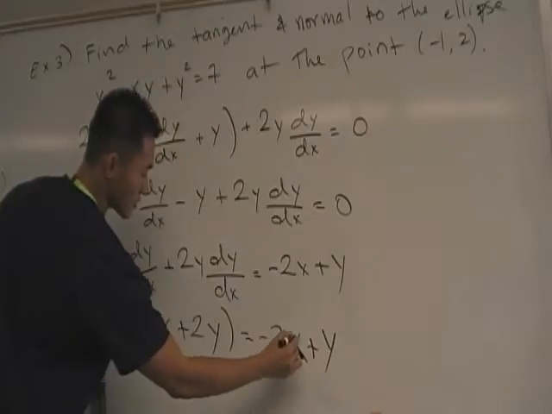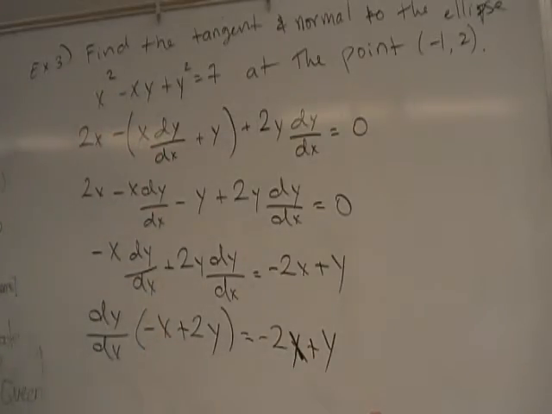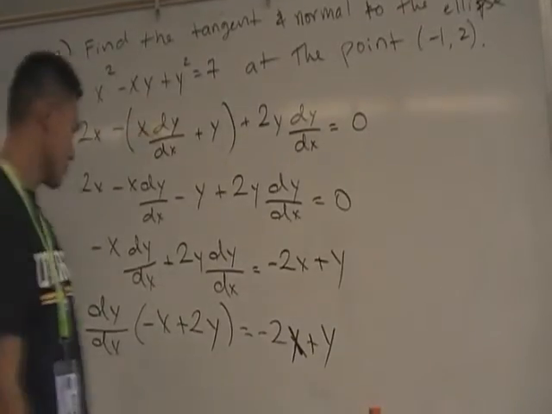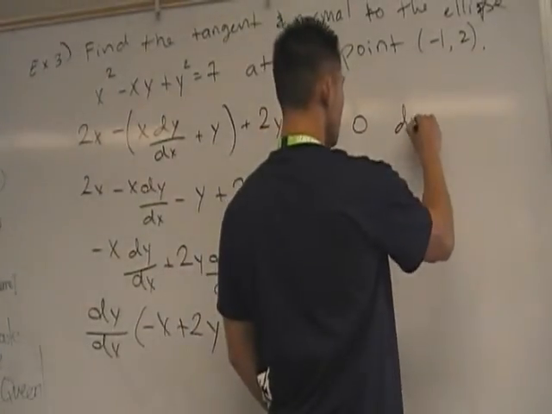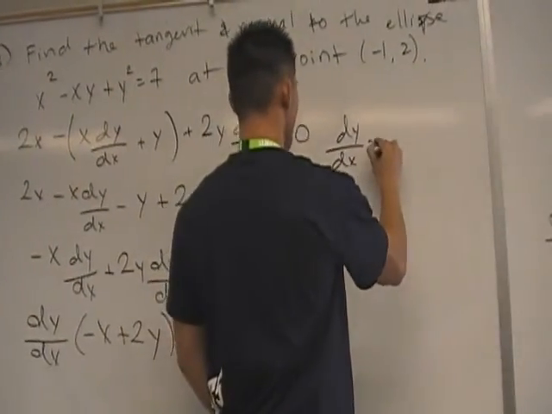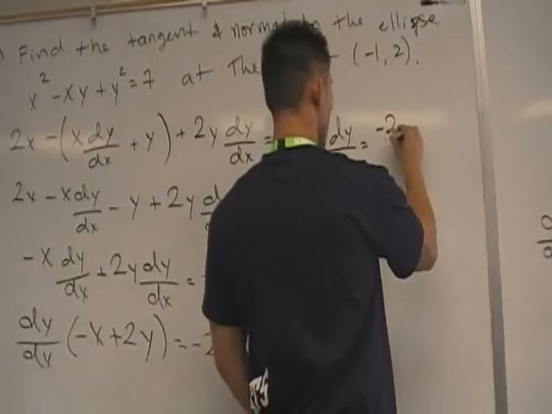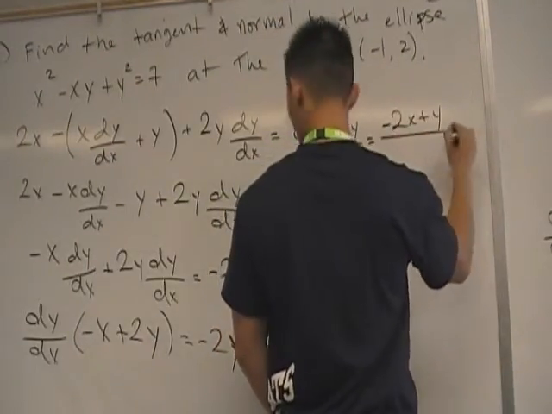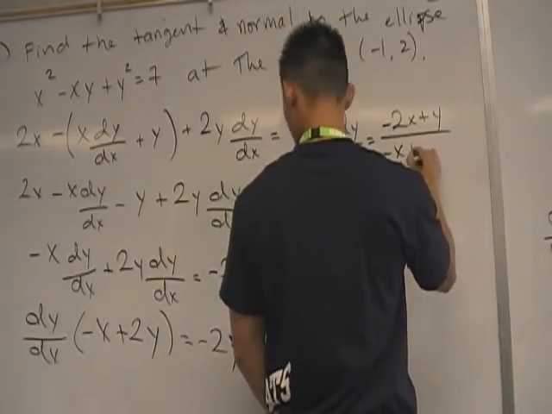And then, yeah, you divide it. So dy dx equals negative 2x plus y over negative x plus 2y.